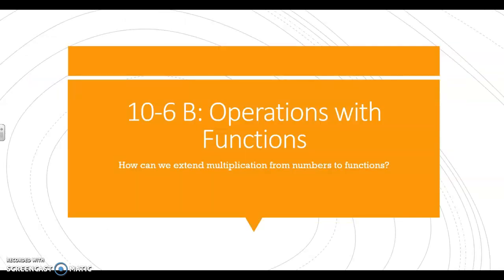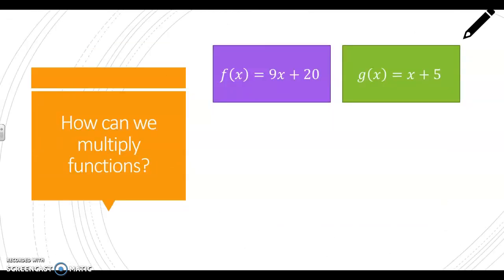So now we are going to be moving on to multiplication. Instead of just adding and subtracting functions, we're going to be multiplying functions together. So for our first example, just like yesterday, we have f of x and g of x, and we want to find what f of x times g of x is.